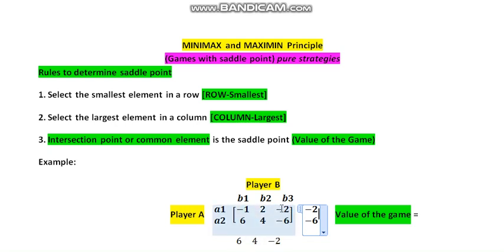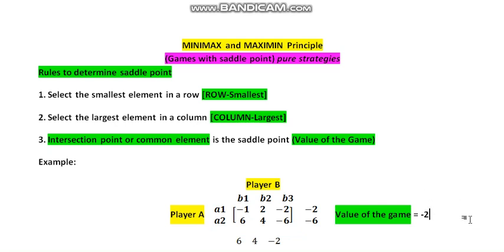Now this common intersection point comes out to be minus 2, or the other way around, like I told you: choosing the largest one among the smallest elements, or choosing the smallest among the biggest elements. They will intersect at this point, which is minus 2, and that will give us the value of the game, and that is minus 2.